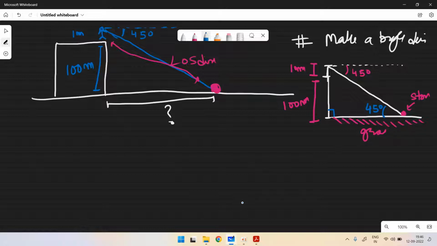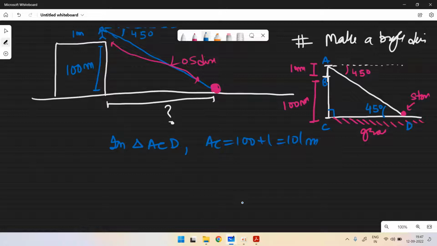Now let me name this triangle ABCD. In triangle ACD, this is a complete triangle. AC is given to be 100 plus 1, that is 101 meters.